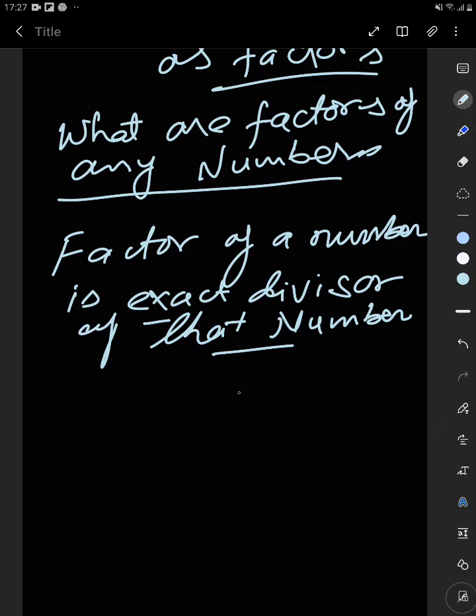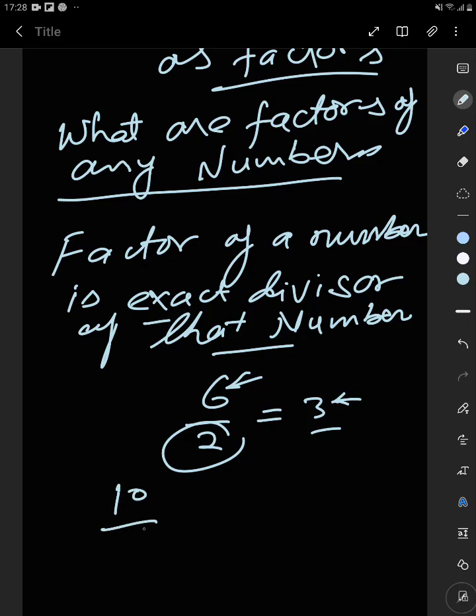For example, if 6 is divided by 3, we are getting 2. If 6 is divided by 2, we are getting 3. There is no remainder. So 2 is dividing 6 exactly. For example, we are dividing 10 by 2. What are we getting? 5.